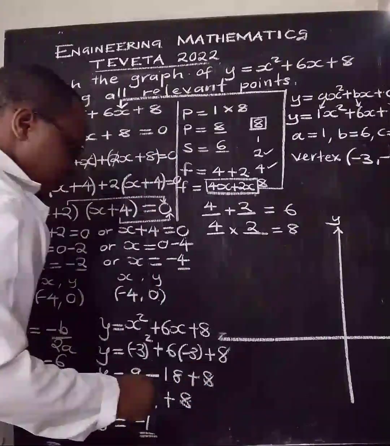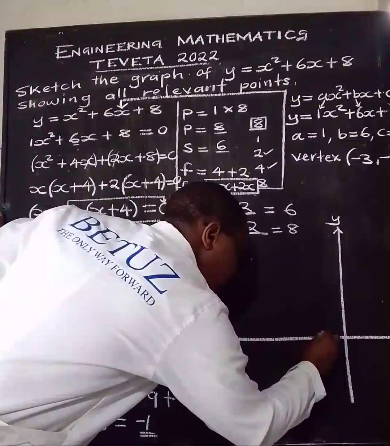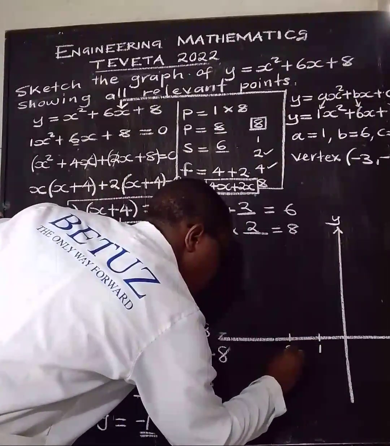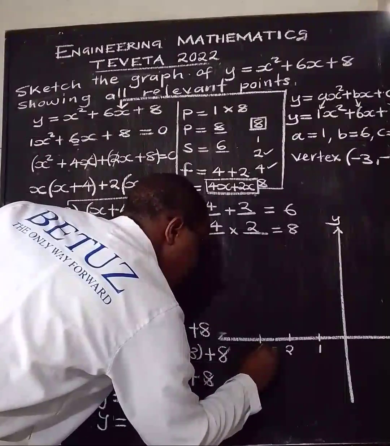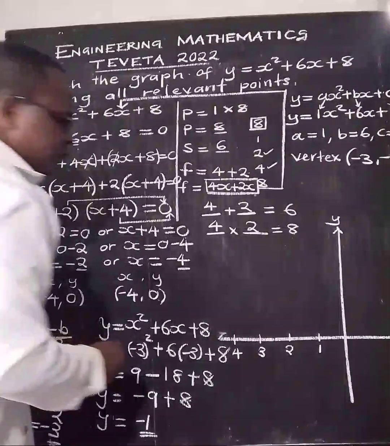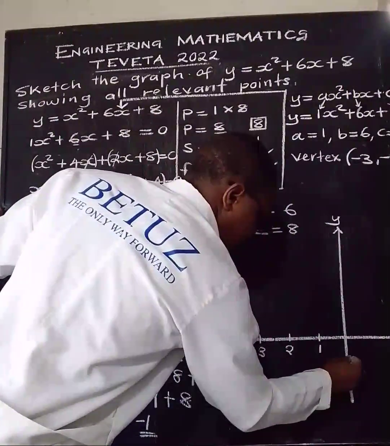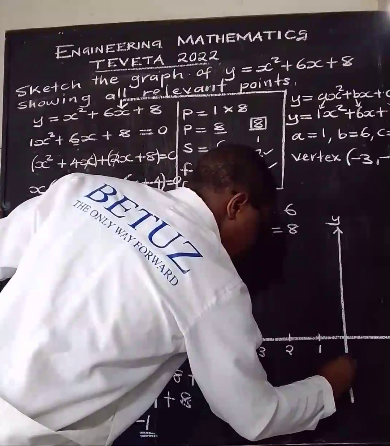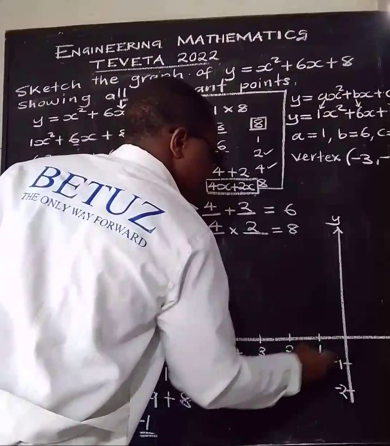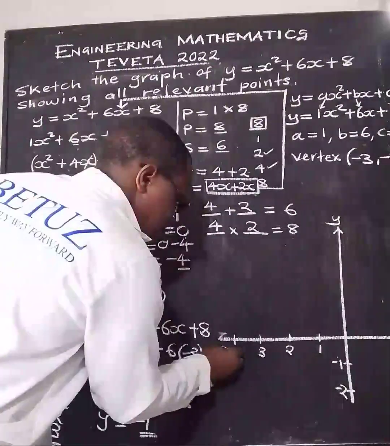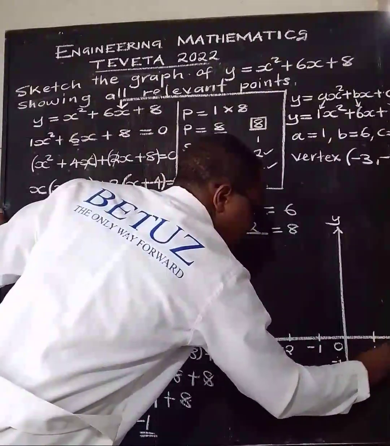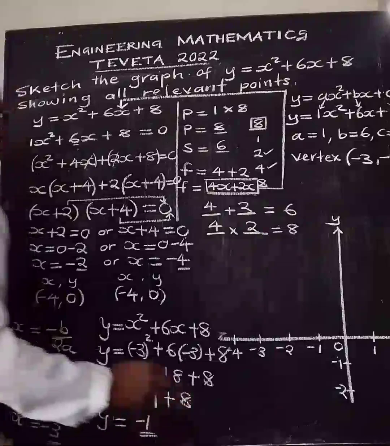So let's say this is 1, 2, 3, then let's say 4. Then let's say you have negative 1, negative 2. So these are negatives, take note. Then you have a 0, say we have 1, say 2 this side, and so on.